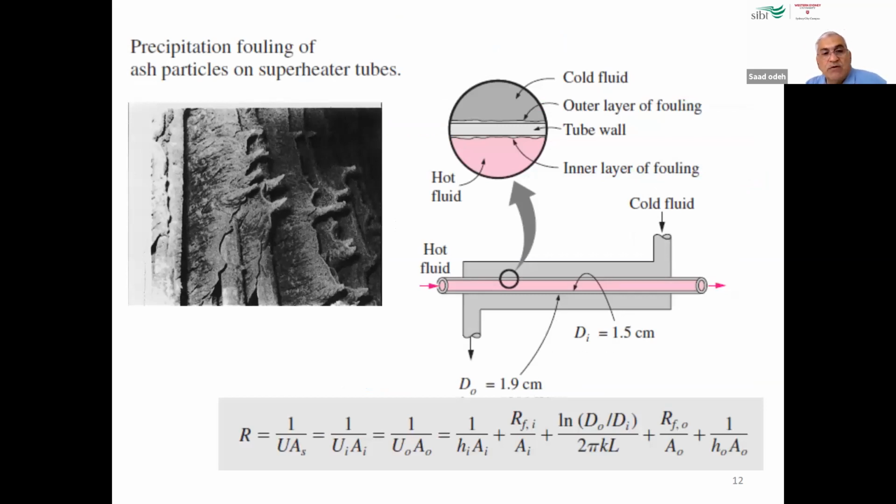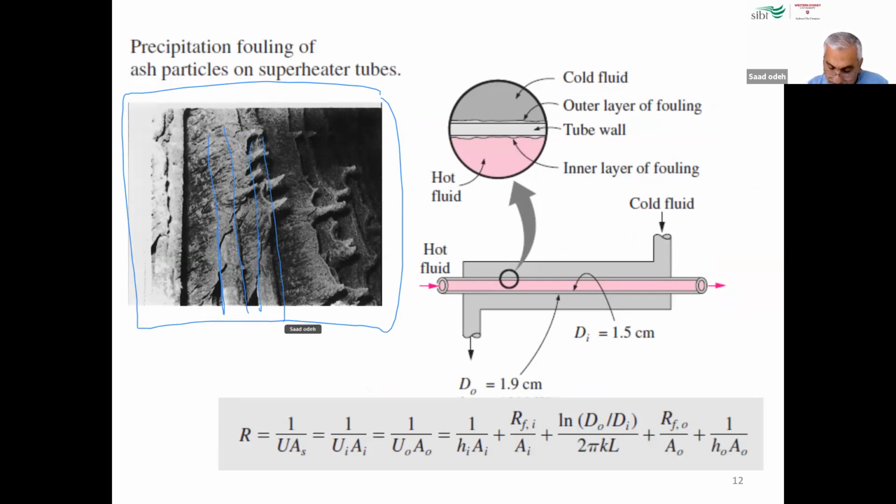Okay. This is just a close picture of a furnace. In this picture, as you can see here, there are tubes. This is a power plant furnace. The power plant here uses coal to generate heat to boil the water in the furnace. And because we are using coal here, the carbon deposit or carbon particles create a layer on the top of the tubes, as you can see.